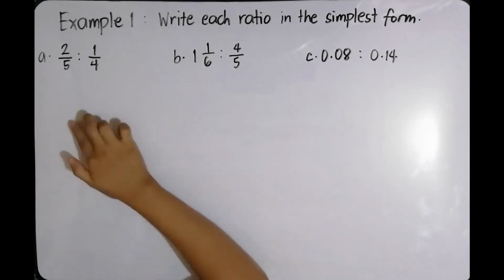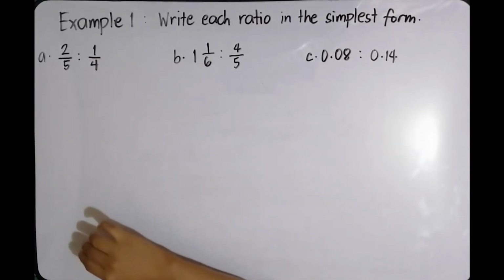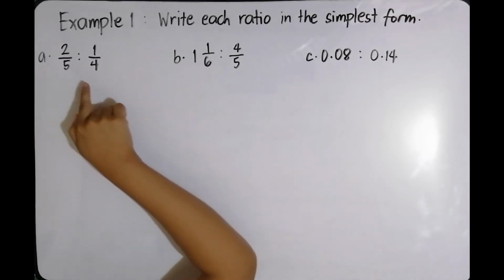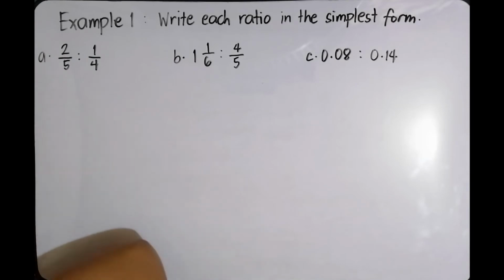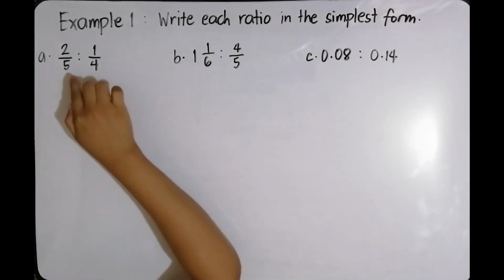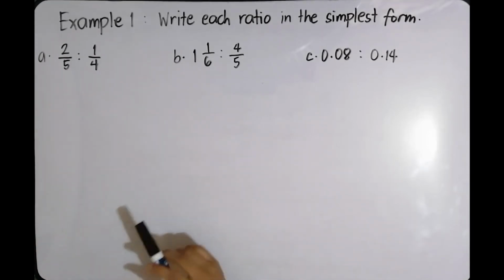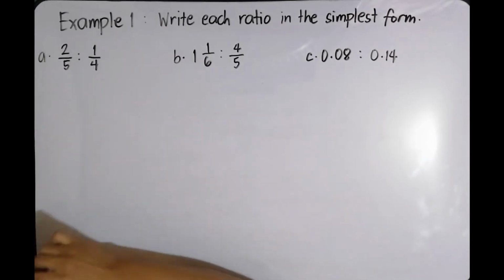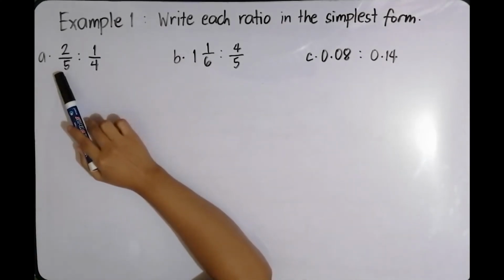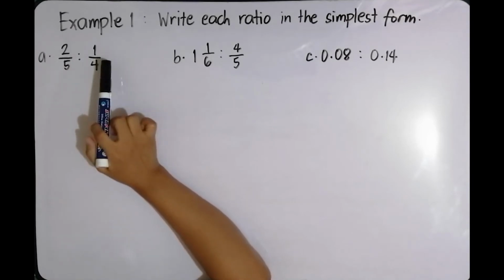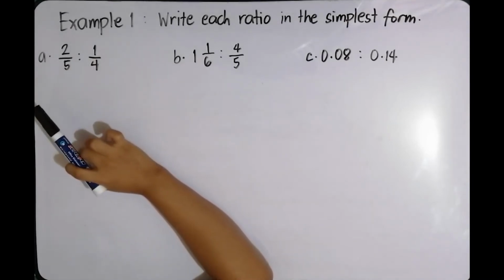To get the simplified form of this ratio, which is in the form of fractions and in colon notation, we need to get the LCM of both fractions, 2 over 5 and 1 over 4.